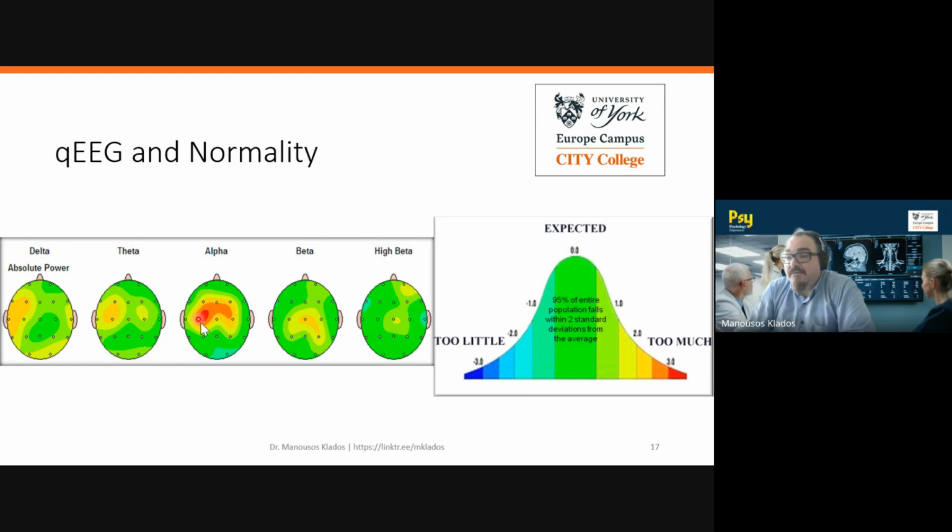And here we notice that the left central activity of the alpha brain wave is very, very high. And this is probably linked, I don't know, with a disorder. What we actually target with neurofeedback is such extremes, where we try to normalize, so in this case to reduce them, in order to make them closer to the average of the normal distribution.